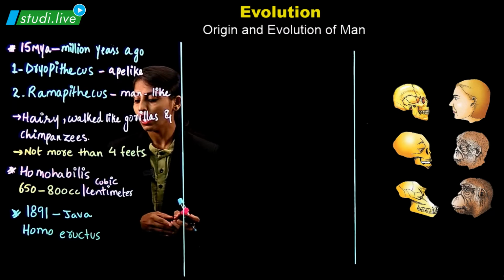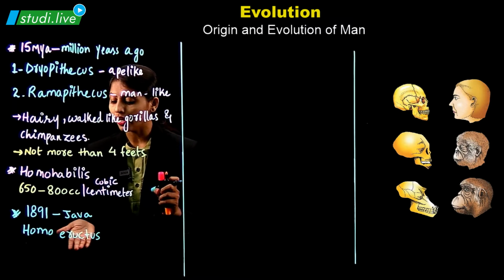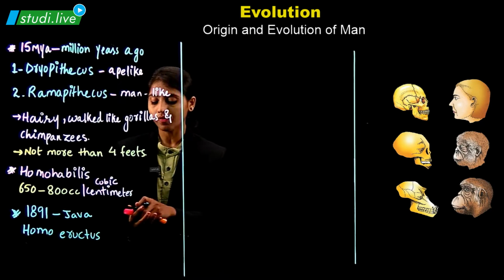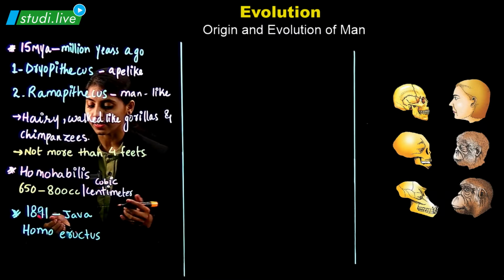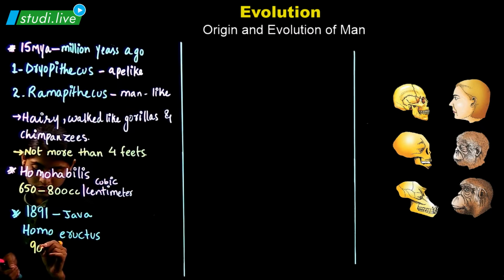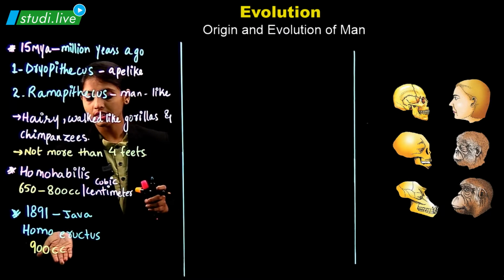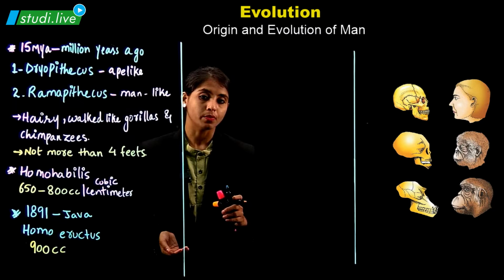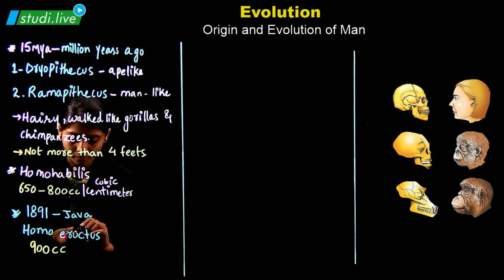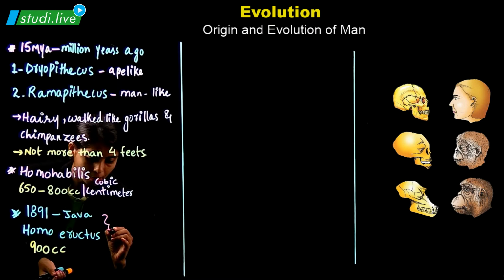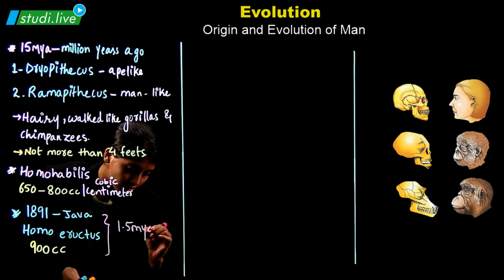They were human beings, but their brain was comparatively larger in size, at 900 cc. Again, cc stands for cubic centimeter, the unit used here, and this happened over 1.5 million years ago.